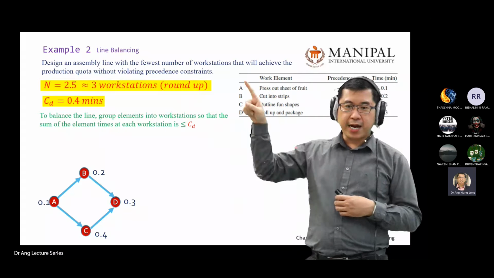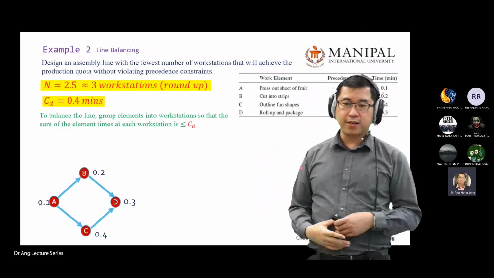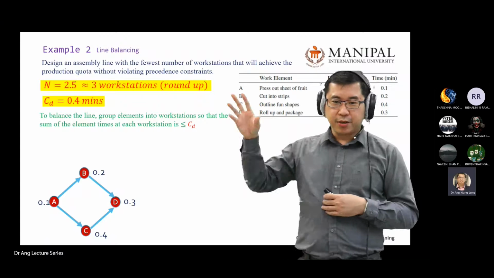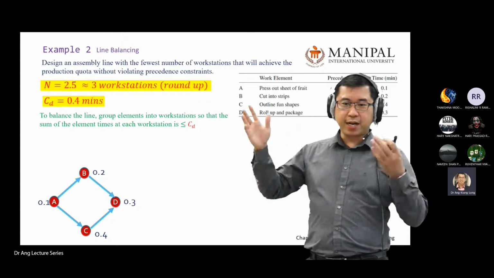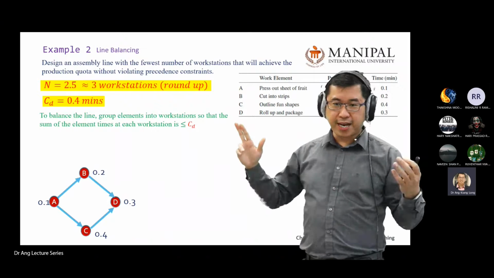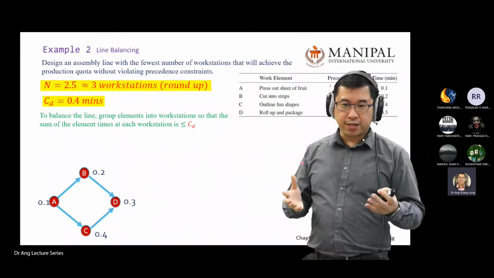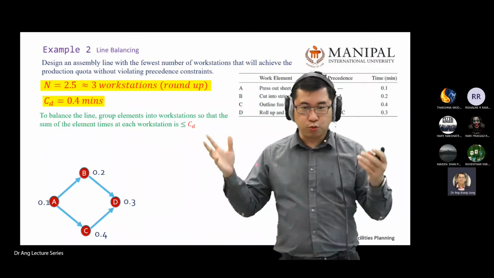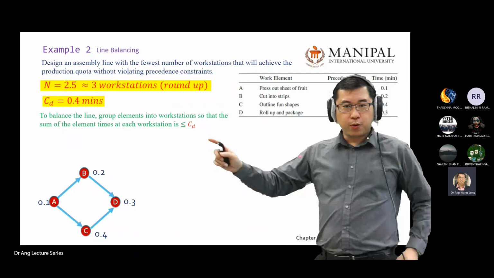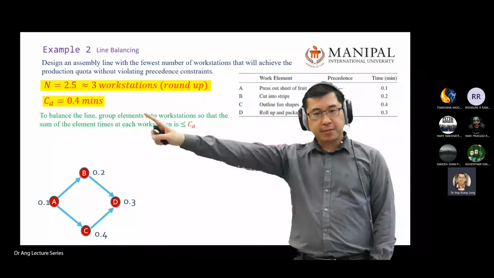You can combine A, B, C, D to become 1 workstation, or A can become a single workstation. You can combine A and B to become 1. You can combine A and C to become 1. You can combine any combination to become a workstation. All right. So these are the rules that you can play with. So you know that the maximum is 3 stations, and the maximum time is 0.4.